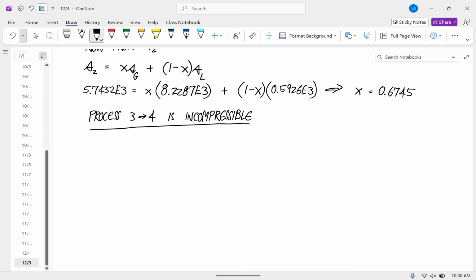And so we know that H4 minus H3 is equal to V times the quantity P4 minus P3. And so if you rearrange this, you get that H4 is equal to specific volume times the quantity pressure 4 minus pressure 3 plus H3.